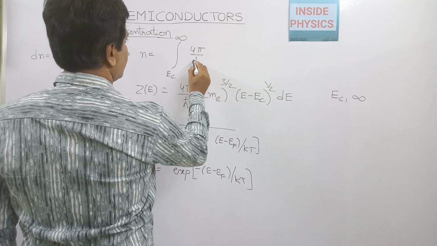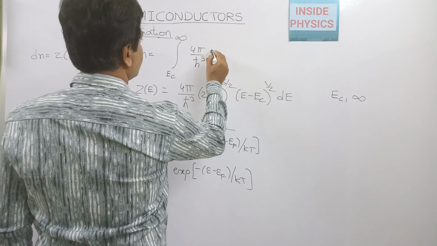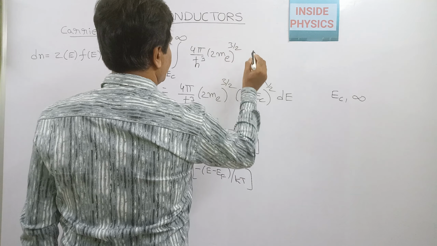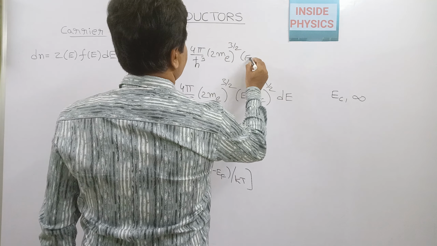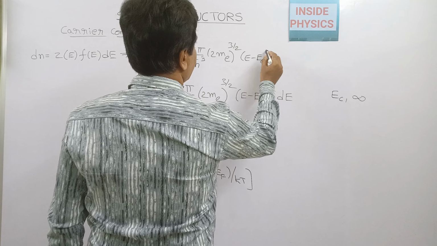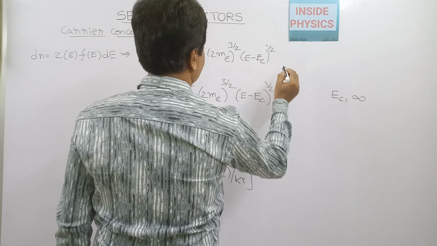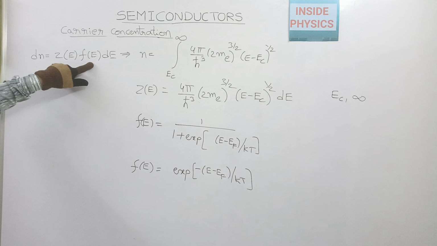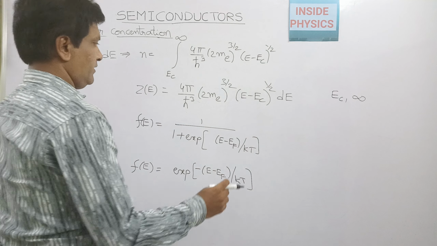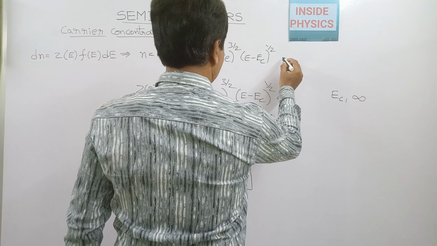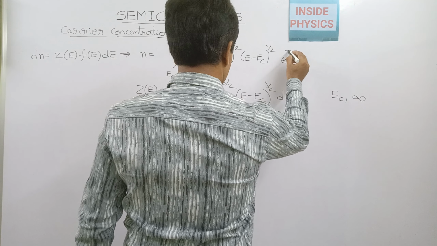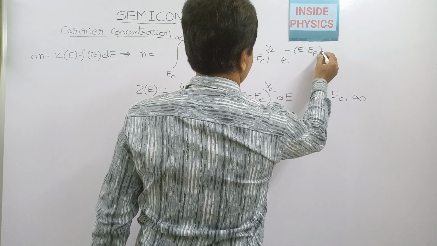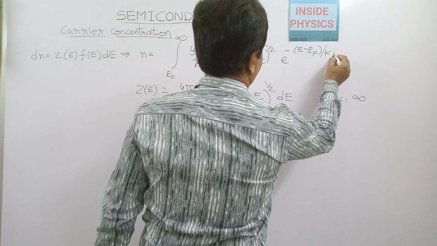It is 4 by h cube, (2m) to the power 3 by 2, (E minus EC) whole power 1 by 2, and f of E you can write as exponential of minus (E minus EF) by kT.